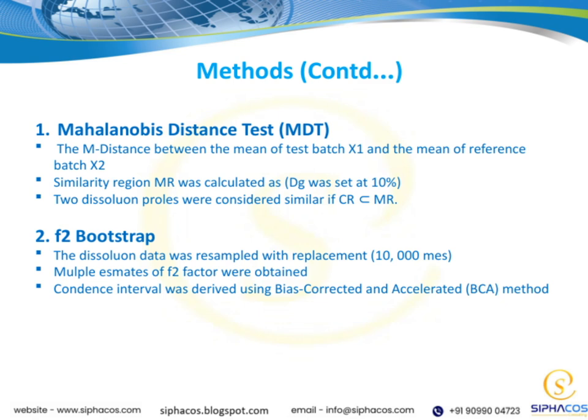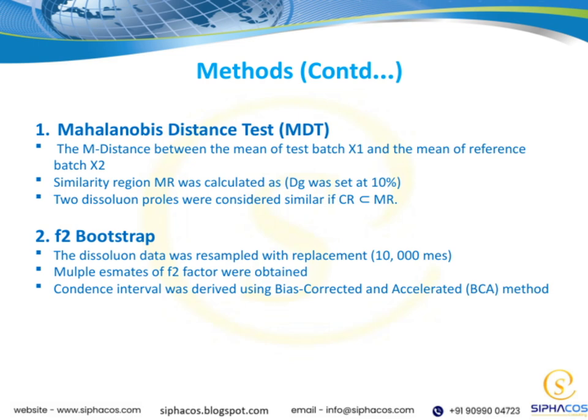Moving on to the F2 bootstrap method, this is a more advanced approach to evaluate similarity. Here, we resample our dissolution data with replacement, performing this process around 10,000 times. This extensive resampling allows us to generate multiple estimates of the F2 factor, which is our similarity factor.